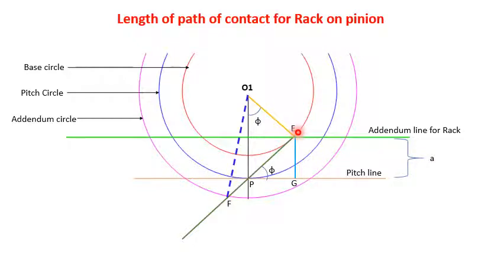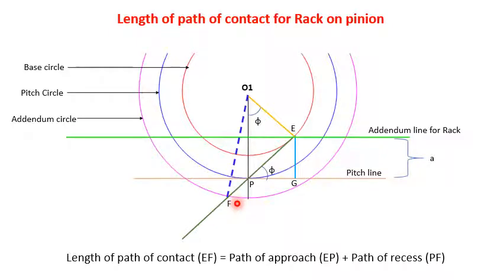This length EF represents the length of path of contact, and out of this length we have two parts, EP and PF. EP represents the path of approach and PF represents the path of recess.